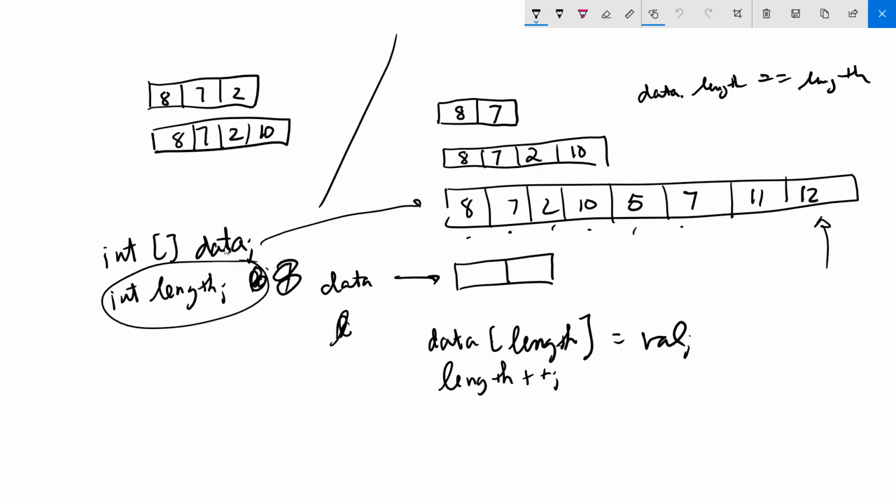Okay, so if we have this situation where we have an array with room to grow, and let's say it has 1, 8, 7, 2 in it, and someone asks for the element at index 0, that's good. We'll give them back 1. If they ask for the thing at index 3, we'll give them that.